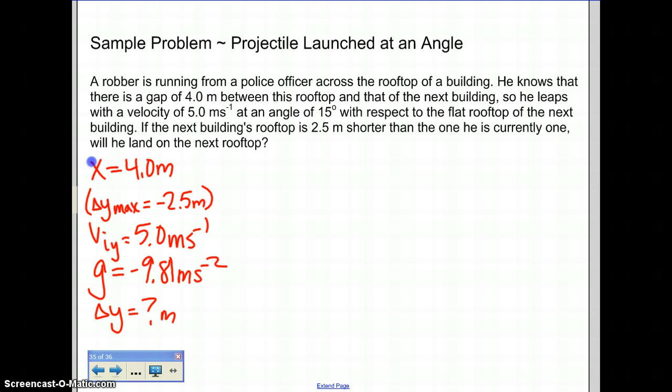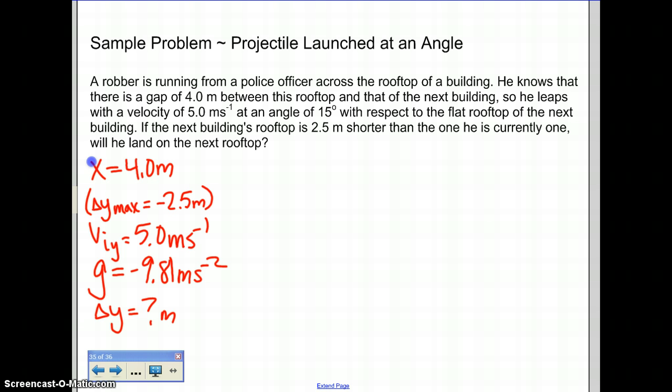So the ultimate answer is this robber is successful in running across this 4.0 meter gap if they have a vertical displacement, delta y, of less than 2.5 meters. So technically we're solving for a delta y, right? So ultimately we want to use a delta y equation, which means we need to start with a delta x equation, and as you know, there is only one delta x equation.